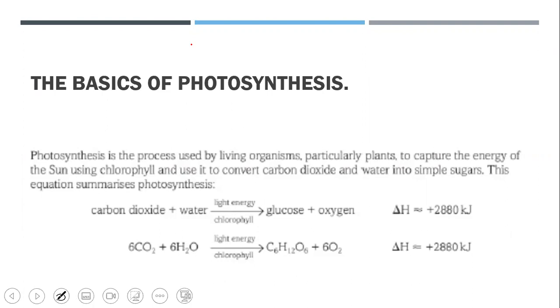When the electron passes from one carrier to another, the carrier is reduced when it takes the electron, and when it passes the electron to the next one, it is oxidized. In this redox reaction, a small amount of energy is released, and this energy is then used to make ATP.